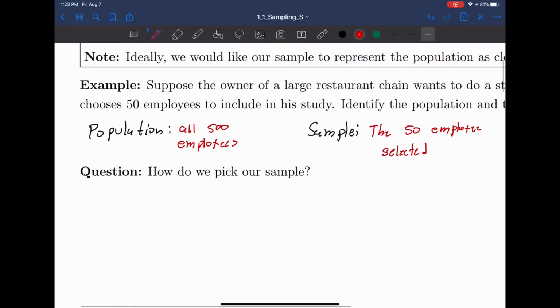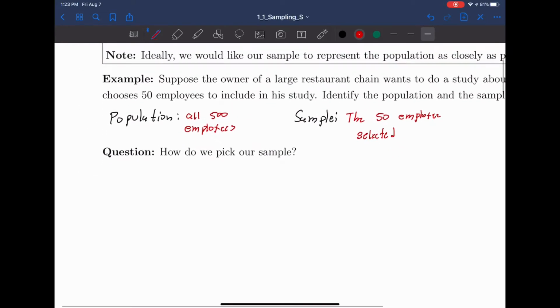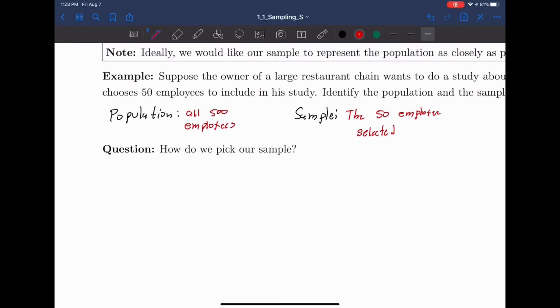So how do we pick our sample? The best methods all involve some kind of random selection.